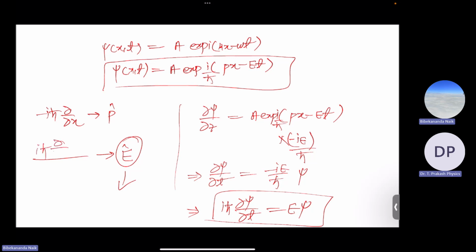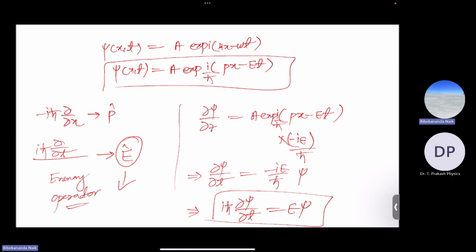For one dimension, it is i h cross del by del t. Yes. So this is the energy operator. This is the procedure through which you can derive different types of operators. So let's go to the next question.